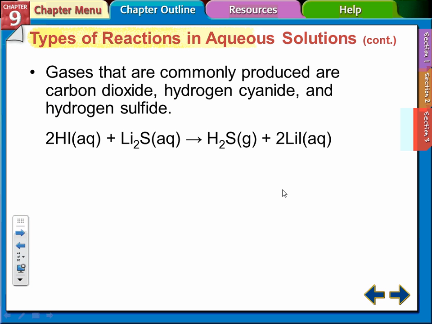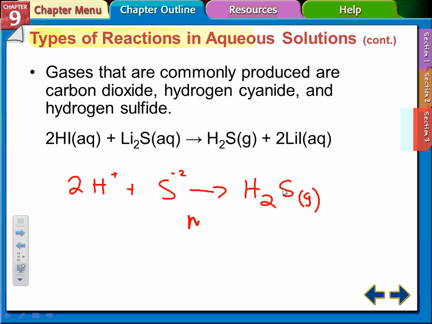The net ionic equation here would be the 2 H plus and the sulfur minus 2 forming H2S as a gas.